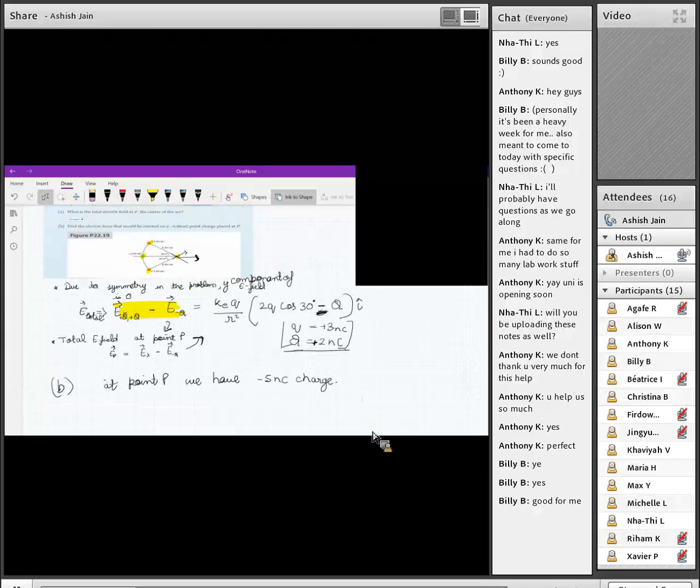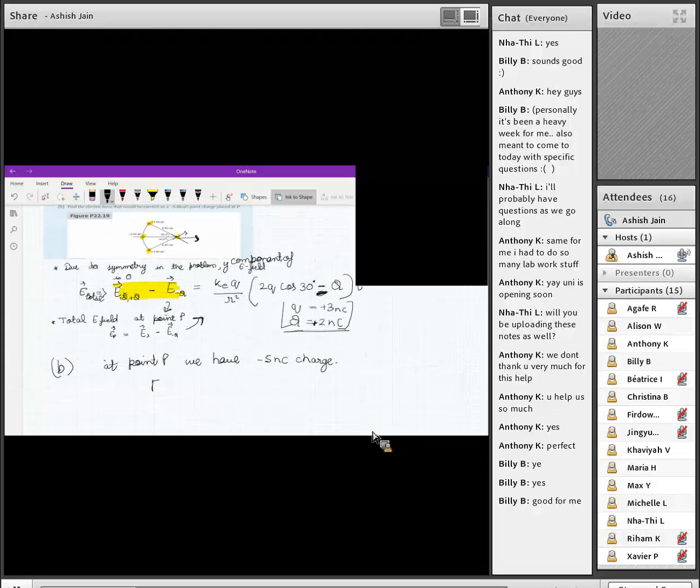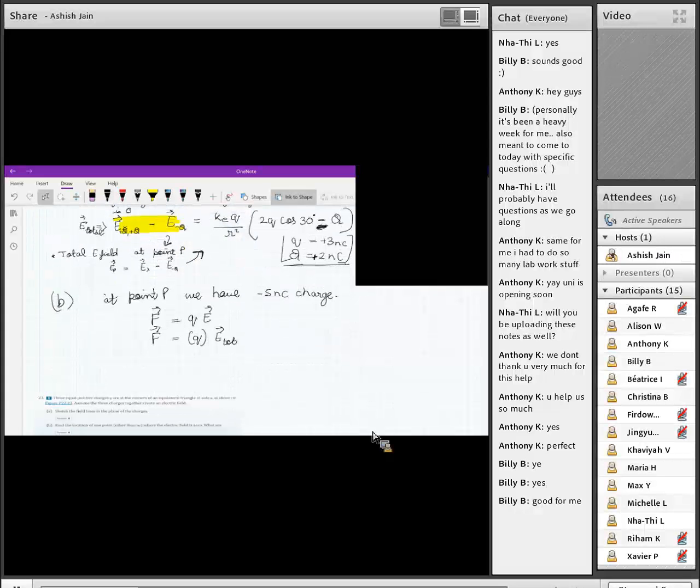I forgot I cap. Then force is given as QE. You did find E total in the A part of this question, so just put that in and substitute Q as -5. You'll get the total force.